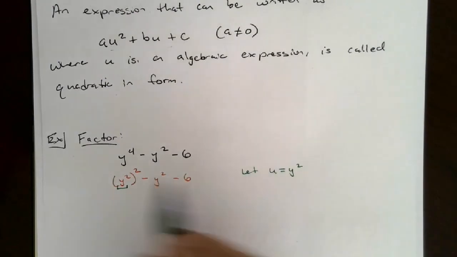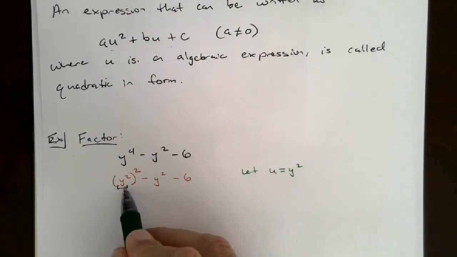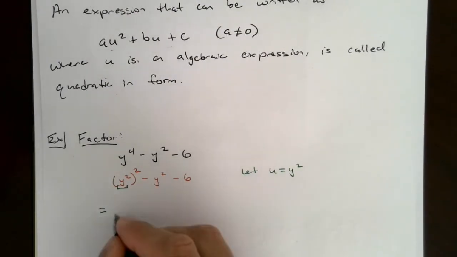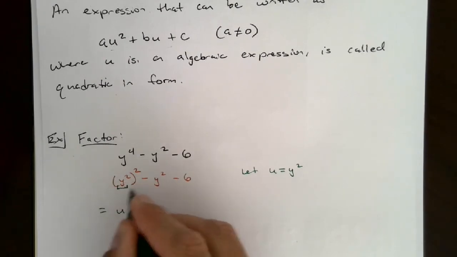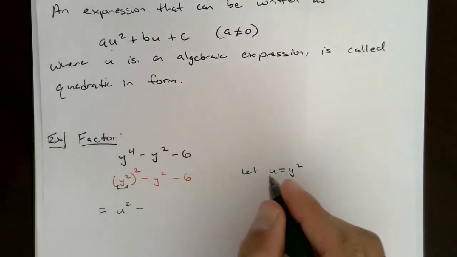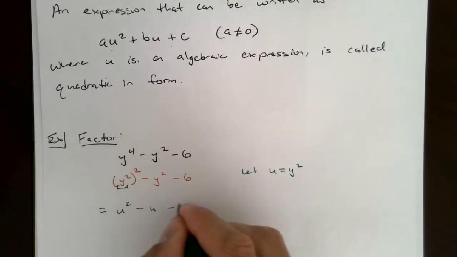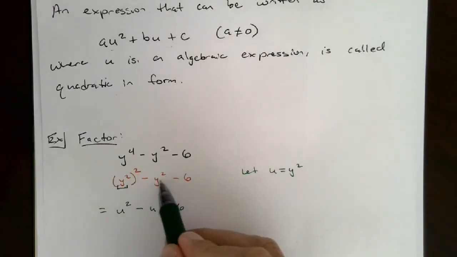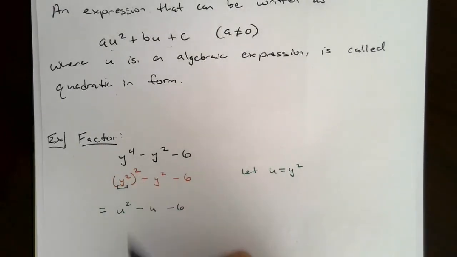So y squared is now rewritten as u. So u replaces the y squared, and then that squared on the outside stays. That's where this squared is coming from. Minus y squared is u minus 6. So like I said, if we pick u to be the middle one, then this one will always be that to the second power.